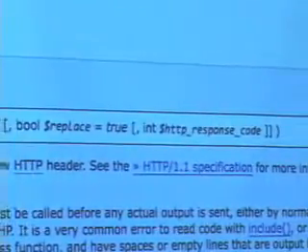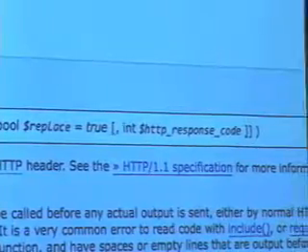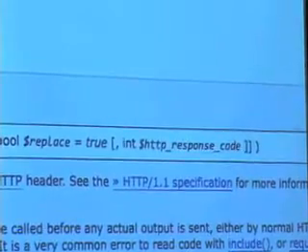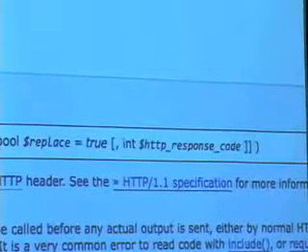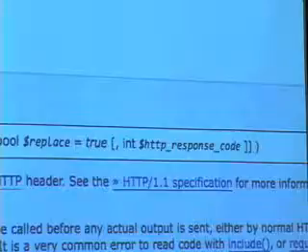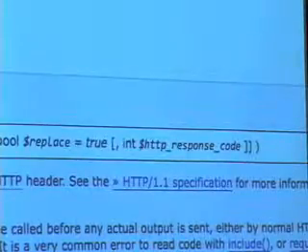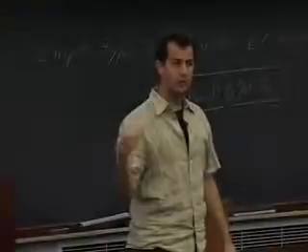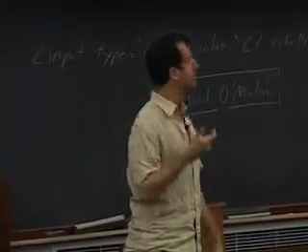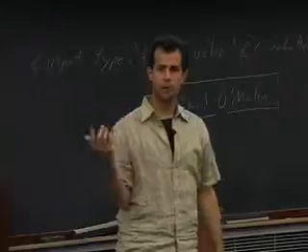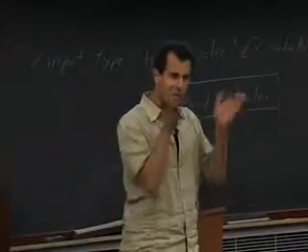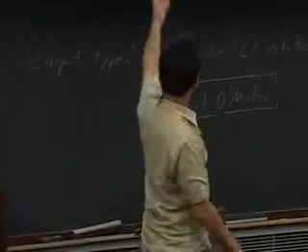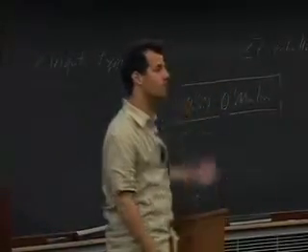So it's actually useful in this case to know what the default values are of these arguments, because for instance, if I want to send quote-unquote location, colon, and some URL, but then send a 301 as this gentleman proposed, I can't just say that string, comma 301, because the 301 would be conflated as the replace parameter, so I needed to actually insert a second parameter so that I can use the third, and so I would hardcode presumably the value true as my second argument.